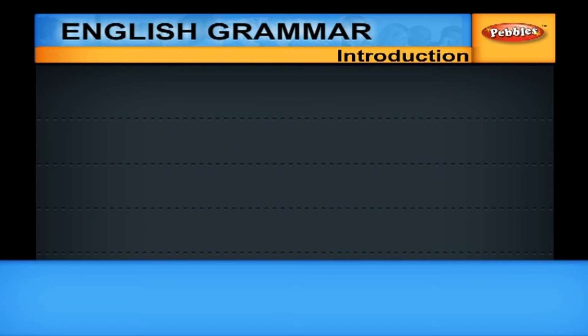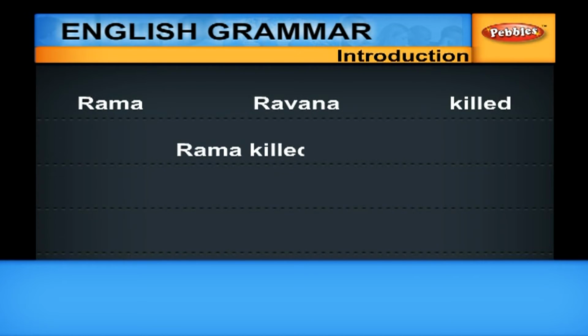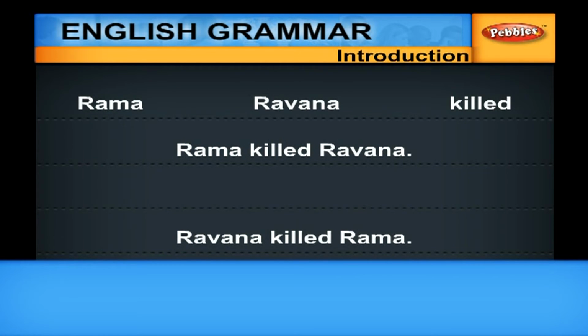Let us take three words: Rama, Ravana, killed. One sentence can be Rama killed Ravana. Another sentence can be Ravana killed Rama. In both these two sentences, you have the same words but the meaning is different. How does it happen?